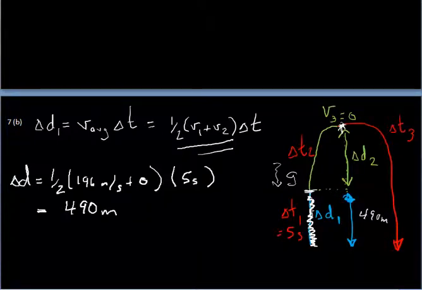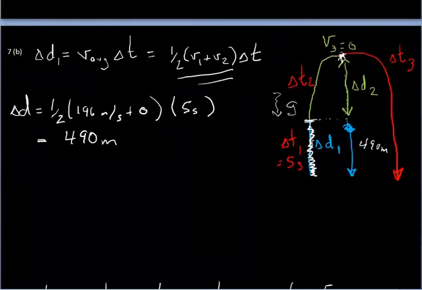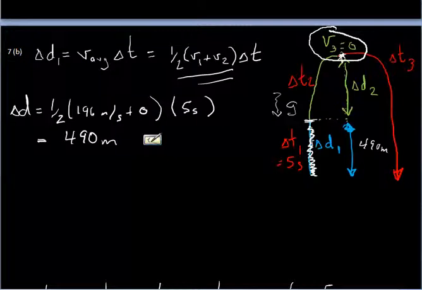Okay. Now the second part is a little different. I don't know the time, but I do know it goes from 196 to 0, because at the maximum height, velocity is 0 in the vertical. Because I don't have the time, and I really don't need the time, I can say that this is probably the formula I need.